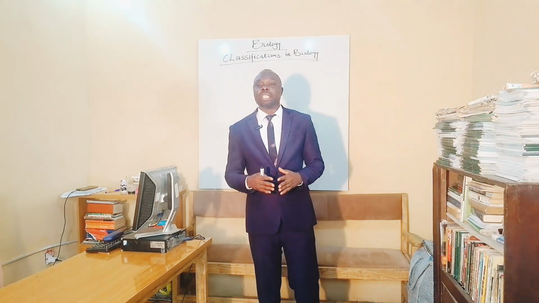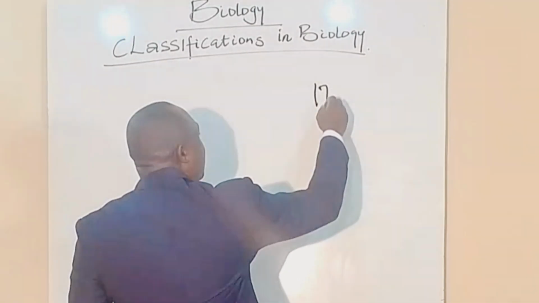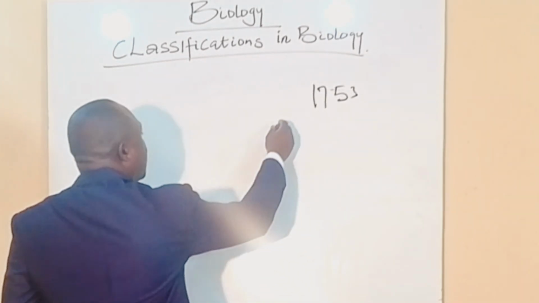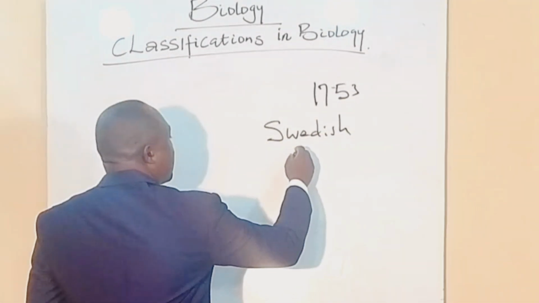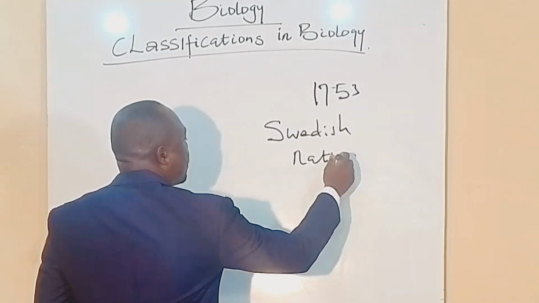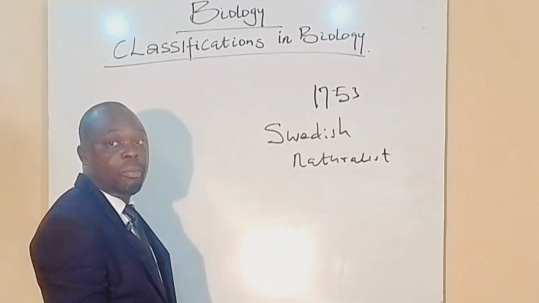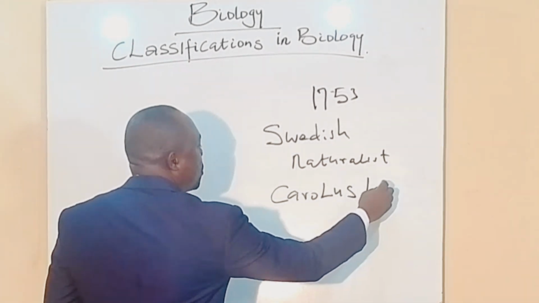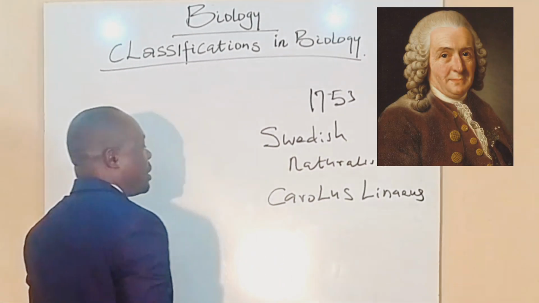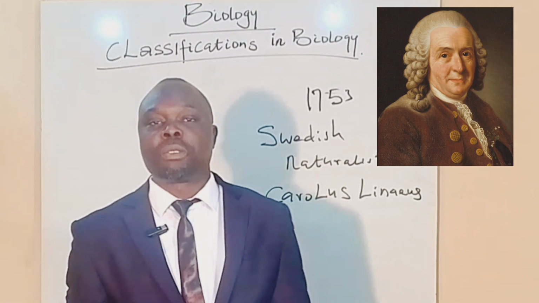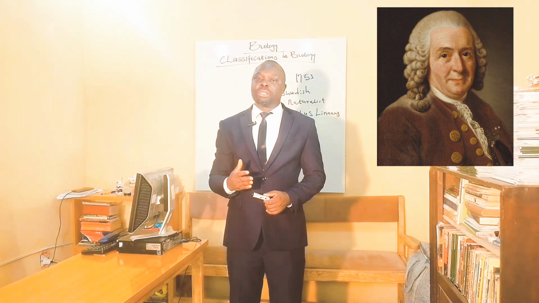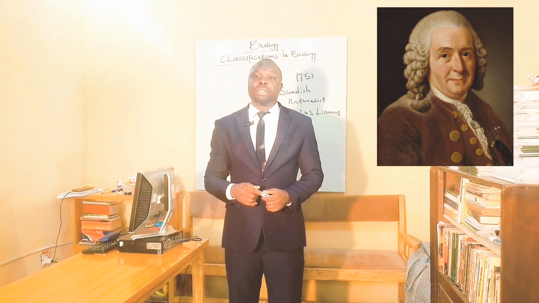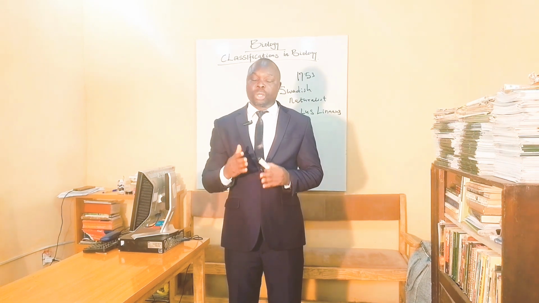It was in 1753 that a Swedish naturalist by name Carolus Linnaeus invented a method of classifying, grouping organisms according to their similarities in structure, structural similarities, how they are related in structure.